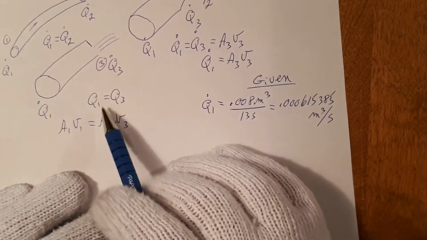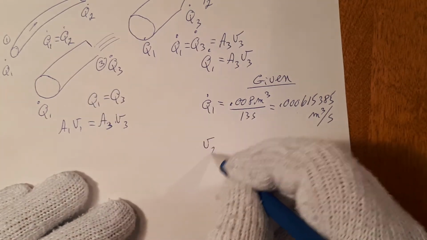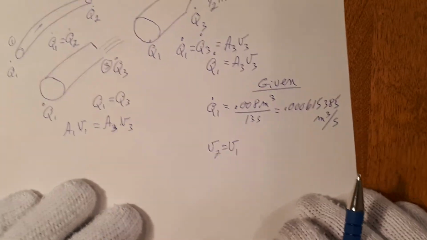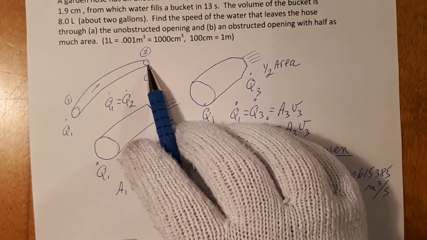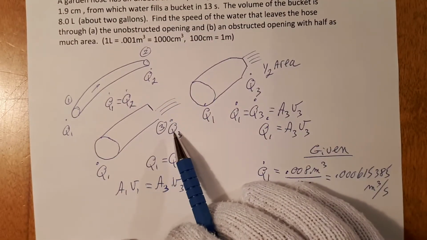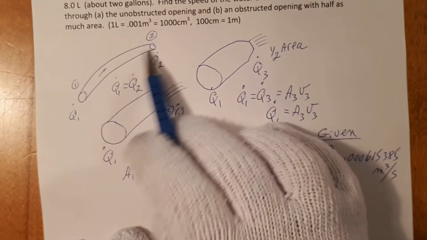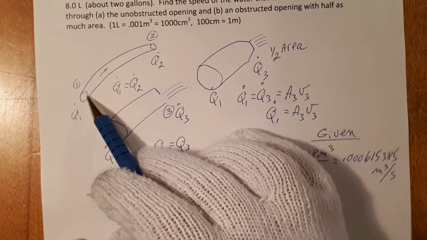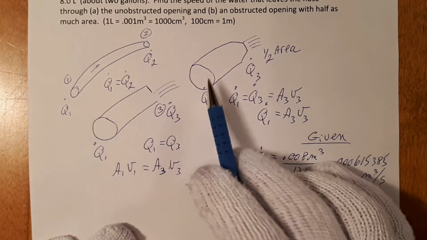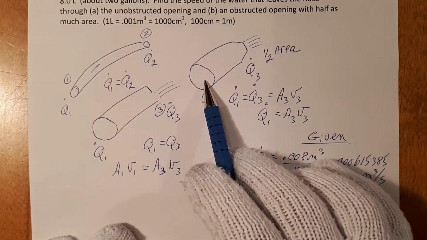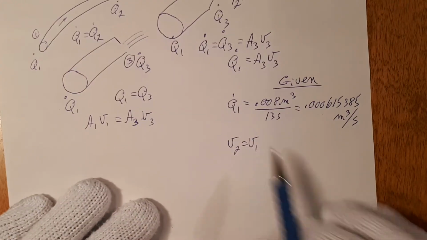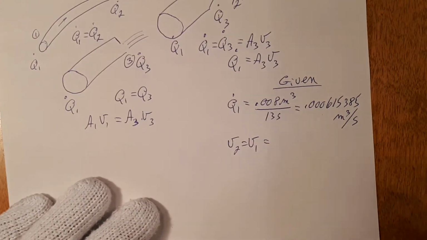And the velocity at 2 here must equal the velocity at 1. Equals the velocity here. And if this velocity is also the same as the velocity here, and we know what this number is from the previous video.